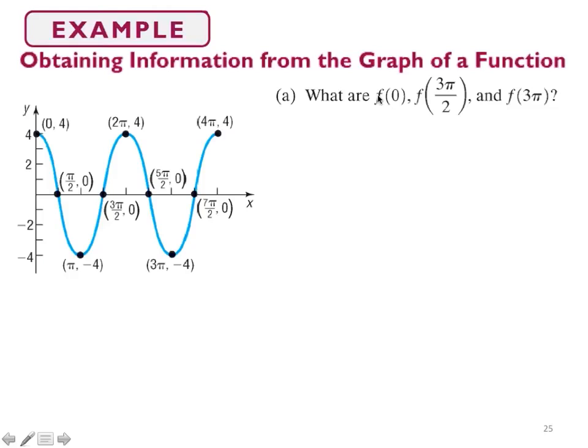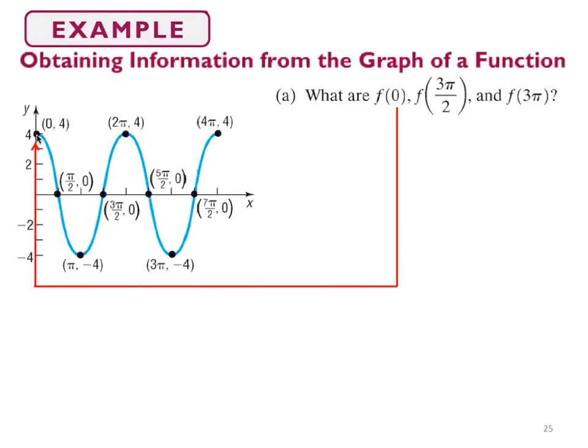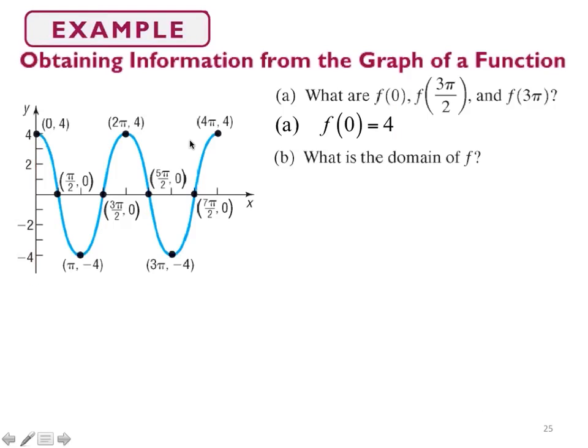So for example, the first question is what are f of 0, f of 3 pi over 2, and f of 3 pi. And what we're doing is we're just looking at our x values because it's always f of x. So we take whatever's in the parenthesis and that's going to be our x value. So at x equals 0, we're looking right here. We get 4 out for y. So f of 0 is just 4.